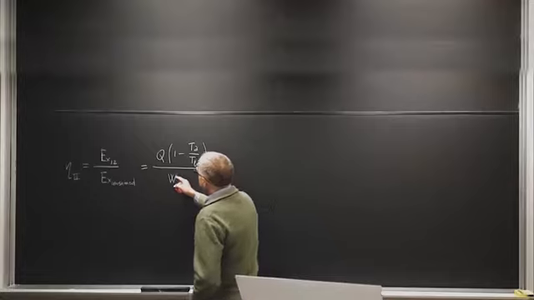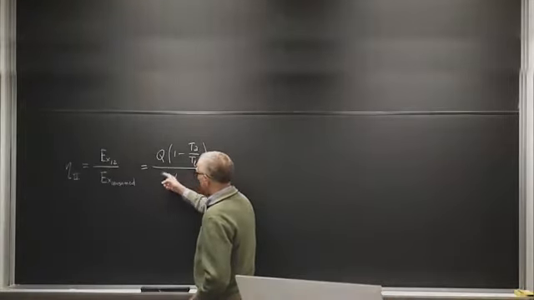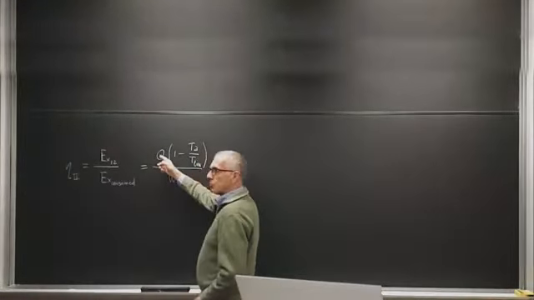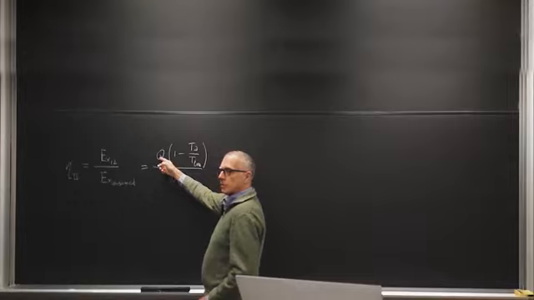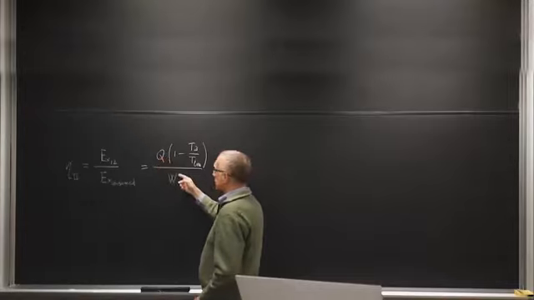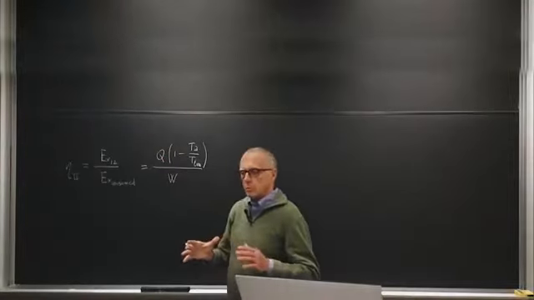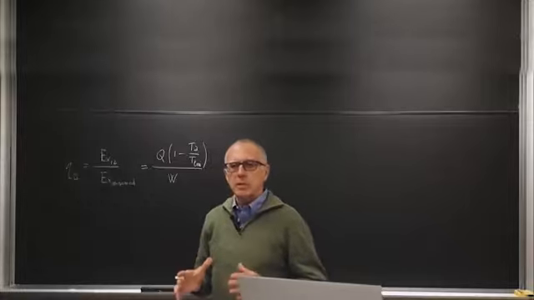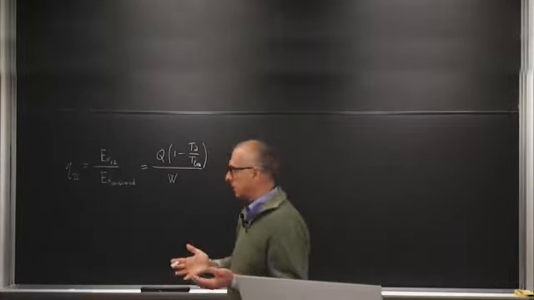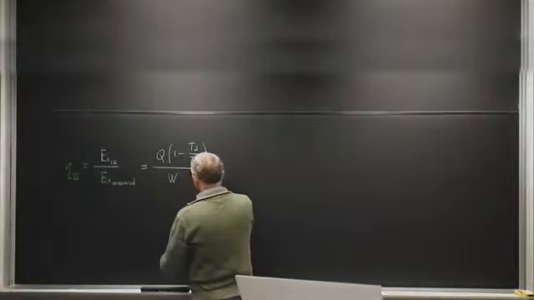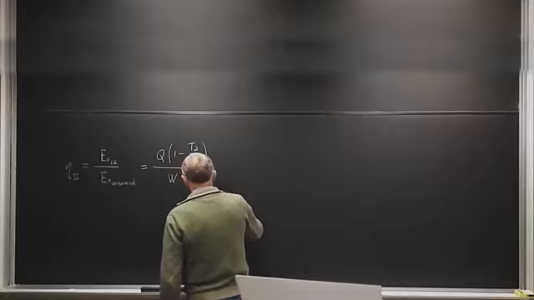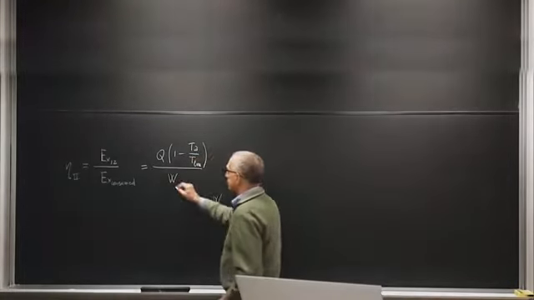Now, in an electric boiler, your work is completely transformed into heat by Joule effect. So even if your boiler were 100% efficient, very well insulated, you get that Q is equal to W. Okay?